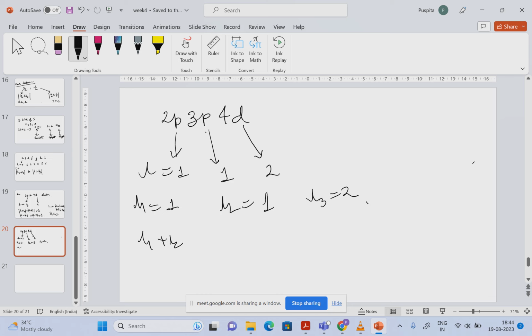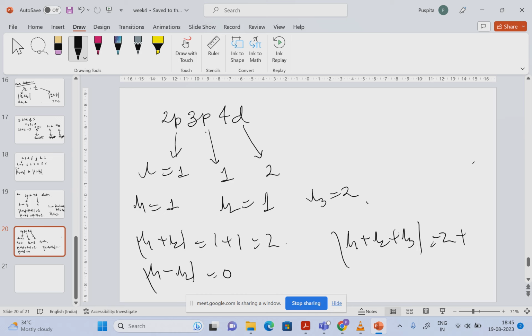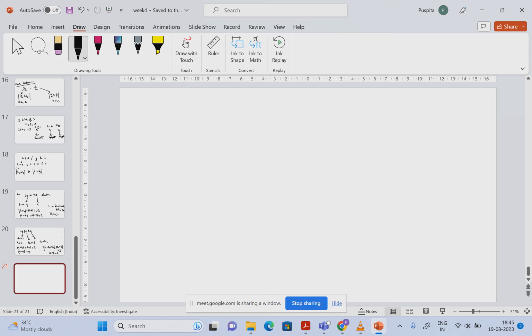So L1 plus L2 is 1 plus 1, 2, and L1 minus L2 will be 0. We need to calculate only the minimum and maximum. We have here maximum 3 and minimum 0. So 0 to 3, all values will be counted.